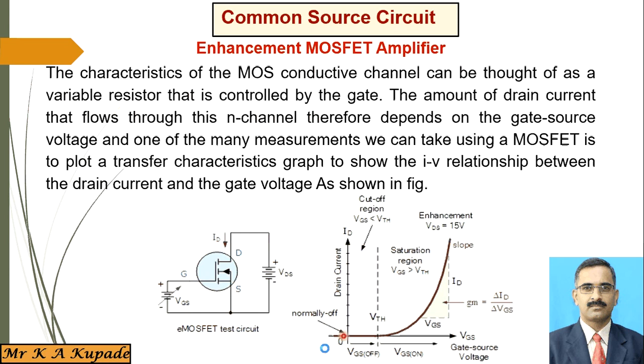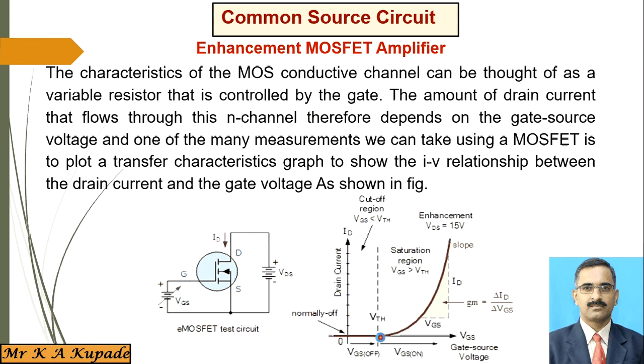See in this graph, from 0 up to VTH, for this VGS voltage, the MOSFET is in the off position. It is noted here as the cutoff region.